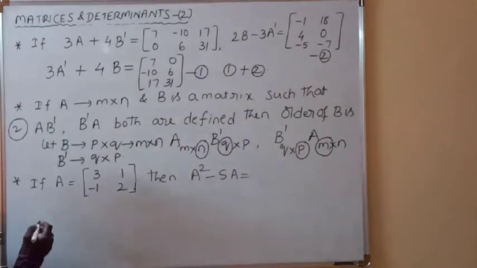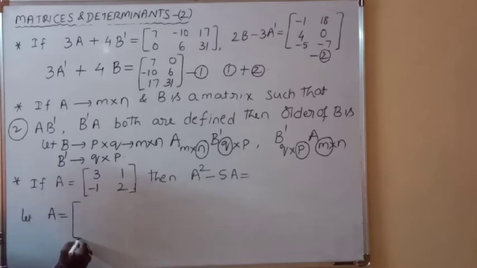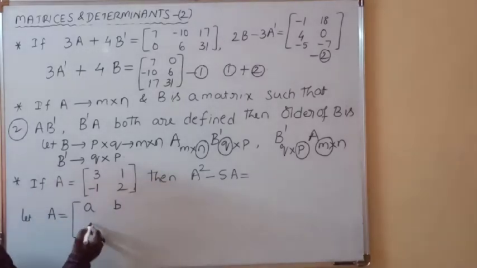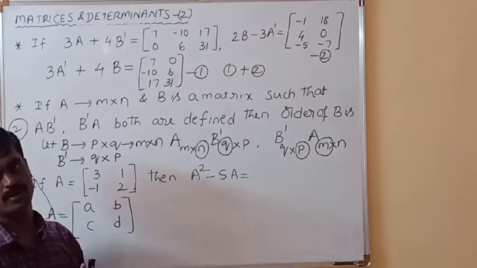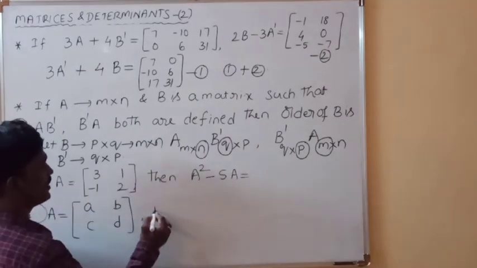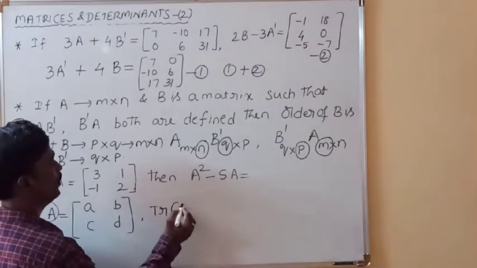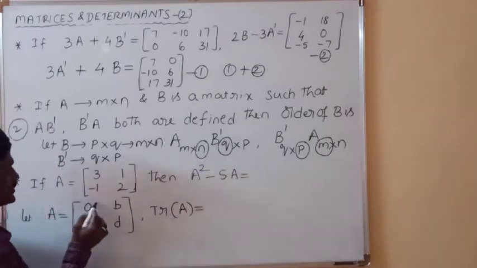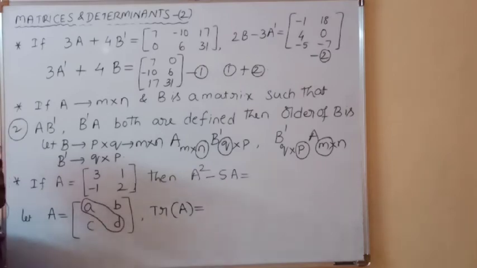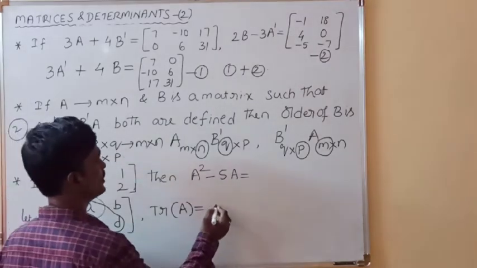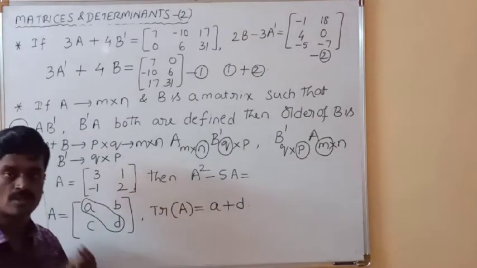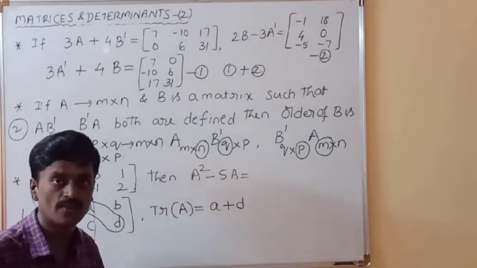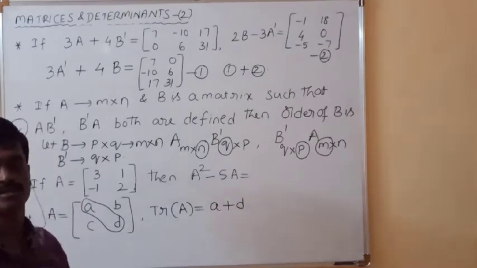See here. Suppose capital A is equal to A, B, C, D. Means it is what kind of matrix? 2 by 2 matrix. So it is a square matrix now, so trace is defined. What is the trace of A? It is the sum of the diagonal elements. So what are the diagonal elements here? A plus D. And we know that every square matrix satisfies its characteristic equation.